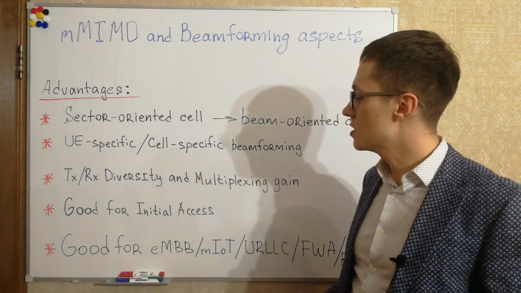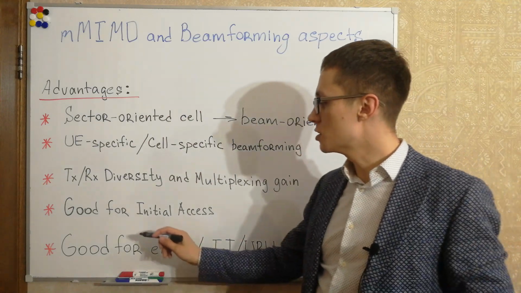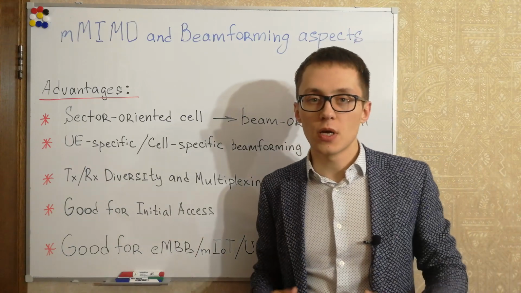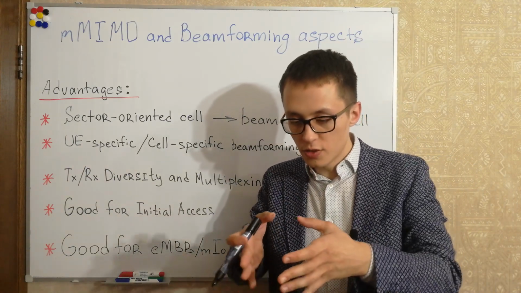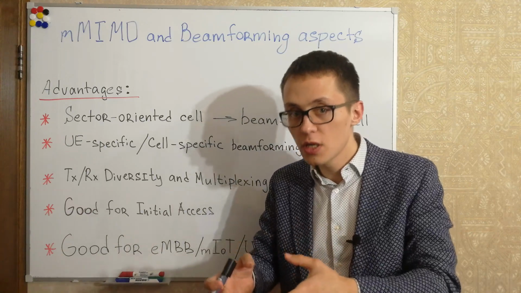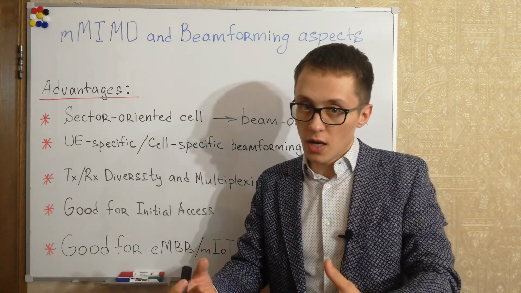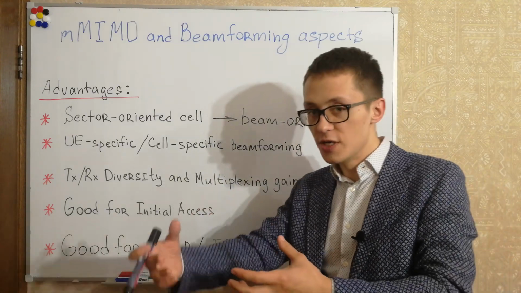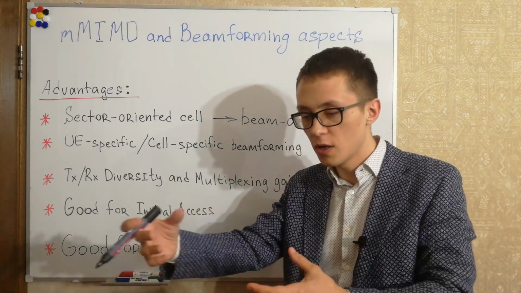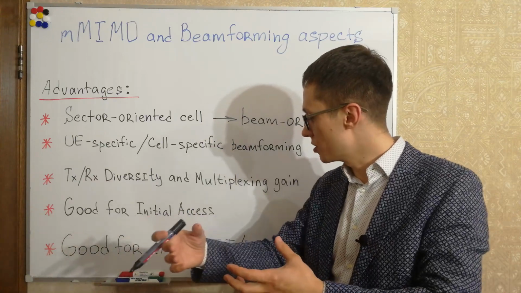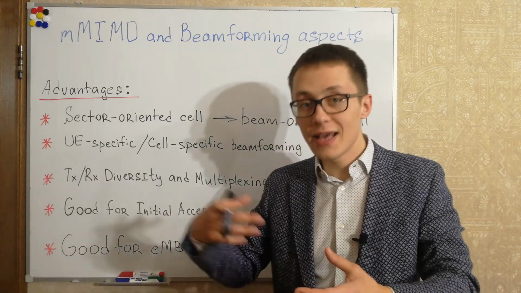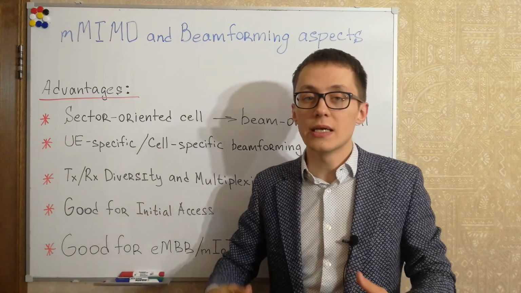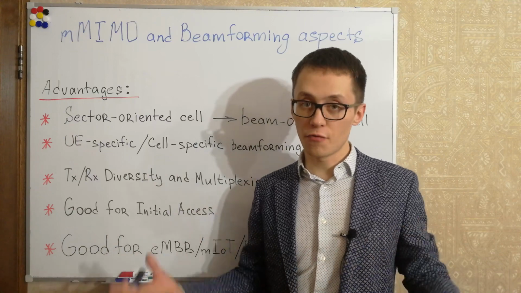Also, massive MIMO systems and beamforming are very suitable for enhanced mobile broadband, because the more energy you can concentrate in one direction, it means higher SNR, signal to noise ratio, you can achieve at a particular point of location for user equipment. Higher SNR means higher order modulation, and high order modulation means high throughput.